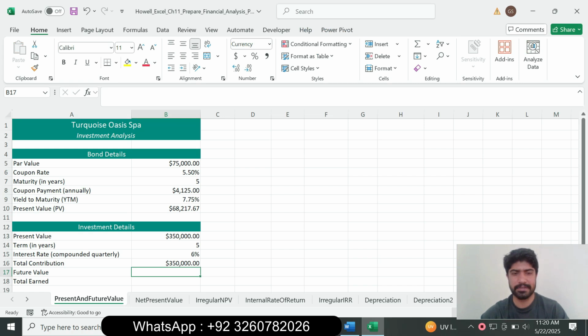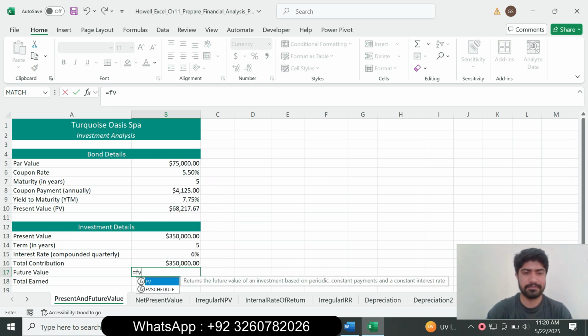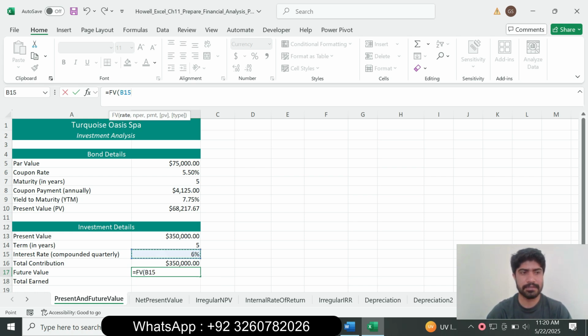So in cell B17, the future value, type equal to and type the FV function. Next is B15, the interest rate, divided by 4, and type a comma. Then the term, B14, multiplied by 4, type a comma, 0, and a comma.